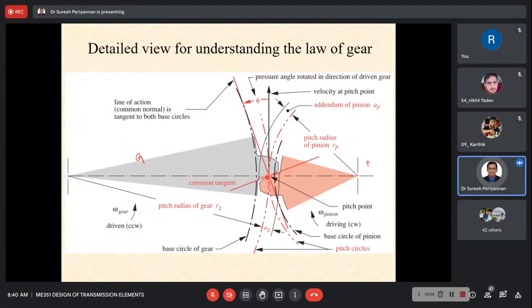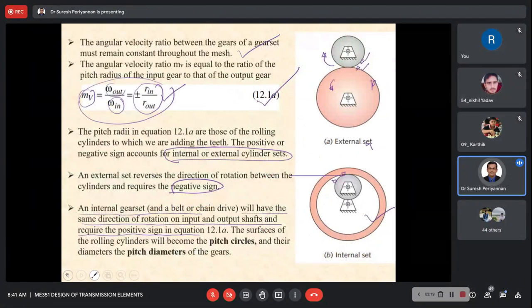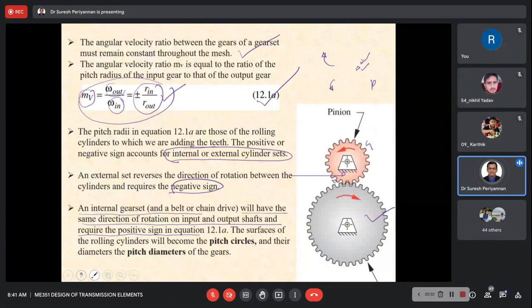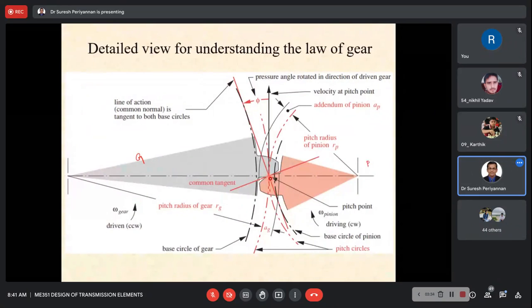Now, what is the pressure angle? In the last class, I think we didn't discuss that. This is the line we discussed already, O to P for the gear side, O1P for the pinion side, and O2P. At the point where they intersect, I would like to draw a perpendicular line.